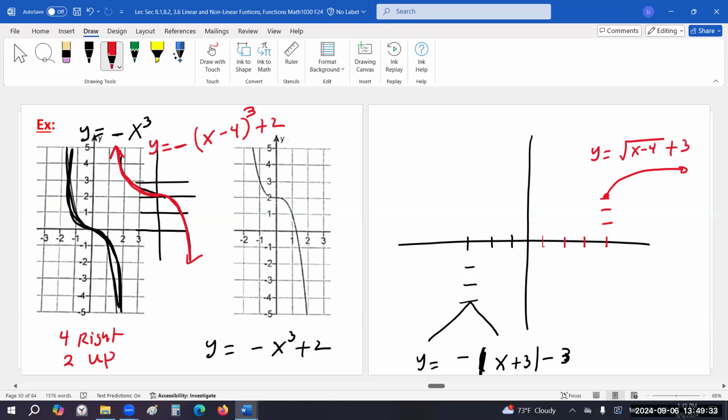Is she correct? Yeah. We are going 1, 2, 3, 4 right, which means minus 4 inside the function. And you're going up 3, so plus 3 is single. And we don't have any negative, so it's not a reflection.